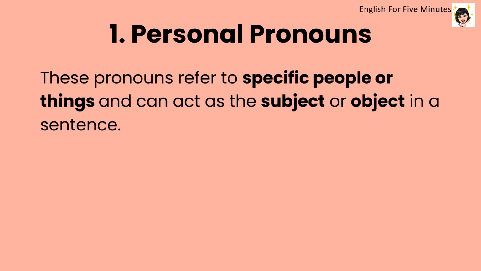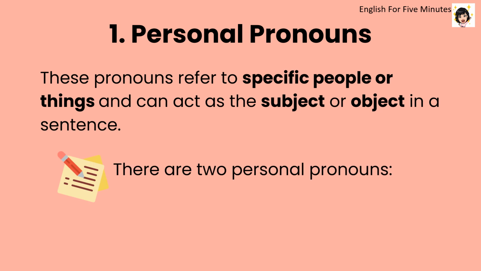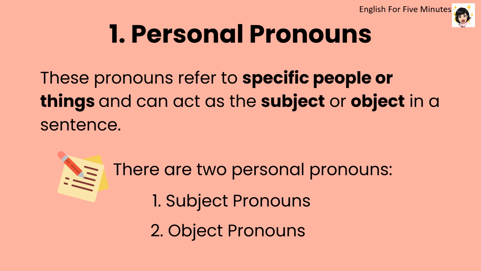Personal pronouns. These pronouns refer to specific people or things and can act as the subject or object in a sentence. There are 2 types of personal pronouns: subject pronouns and object pronouns.